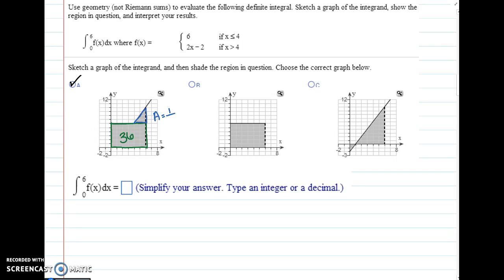Its area is 1/2 base times height, and its base is 2. You can count the blocks or figure out the intersection point. And its height is 4. And 1/2 times 2 times 4 is 4. And so the total integral, because I took my two geometric shapes and added up their areas, is 36 plus 4, which is 40.